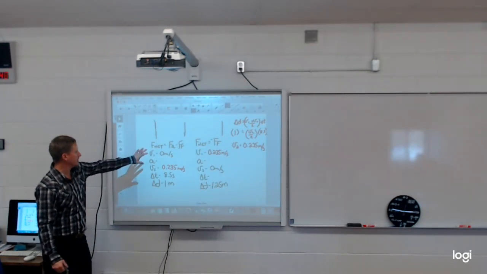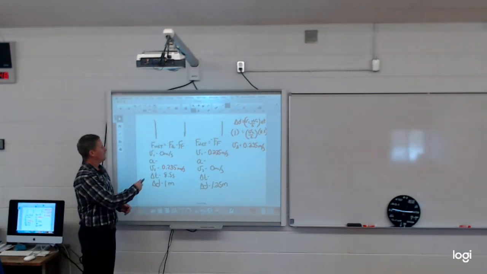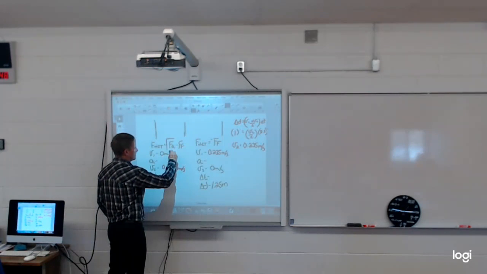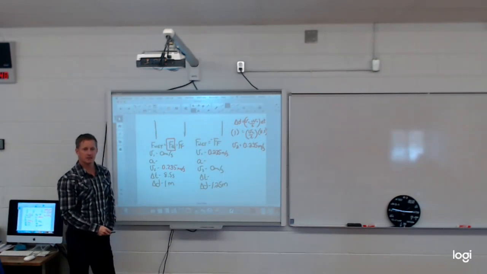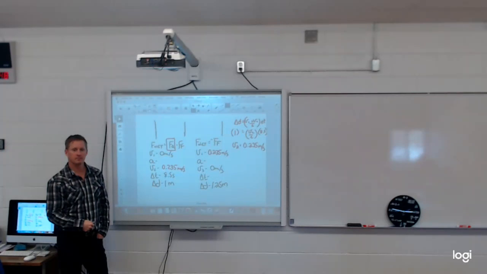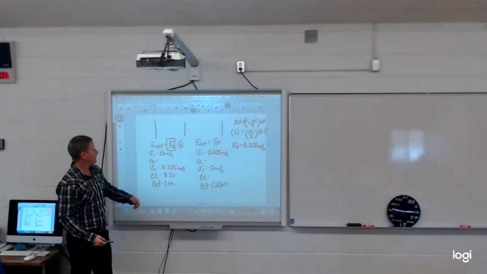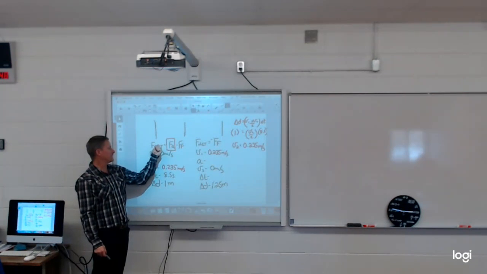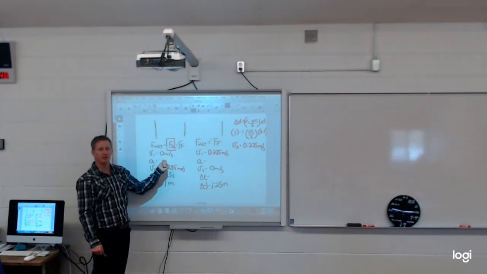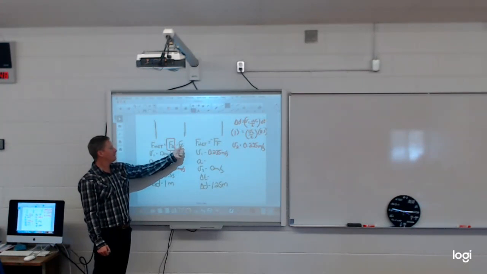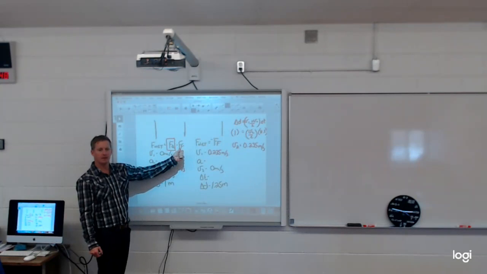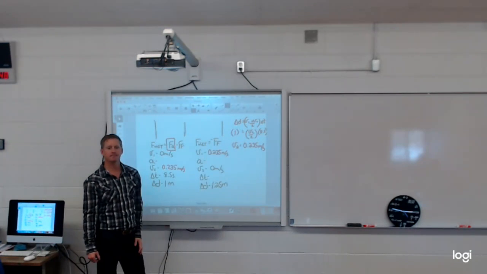I'm looking for this. It's asking what was the applied force. How much force did you kick with? But in order to get that, I need the net force, which requires acceleration, which we can get. But I have to find the force of friction, and that's in the second one.